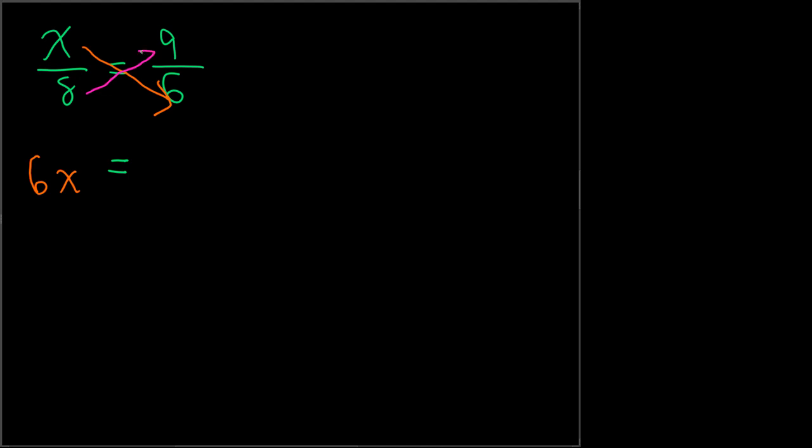X divided by 8 equals 9 divided by 6. Now, cross multiplying gives me, for my first side, x times 6, or we'll write 6x, equals eight times 9.